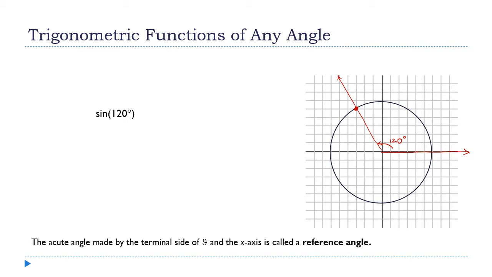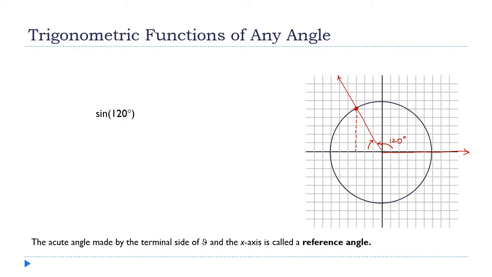So to find this value, I'm going to draw a line down to the x-axis. Now, this angle, the acute angle made by the terminal side of our angle and the x-axis, it's got a name. That's what I'm referring to down here.